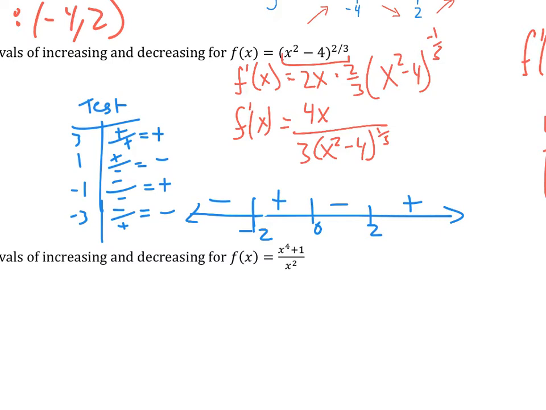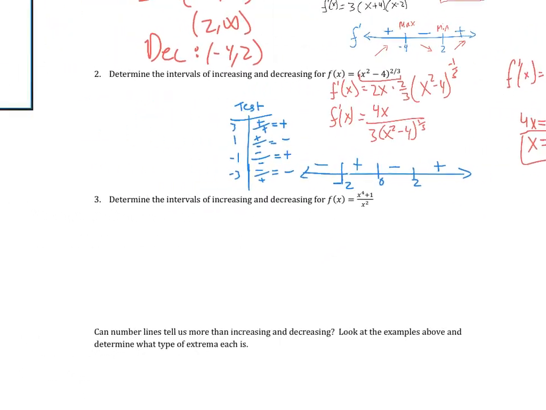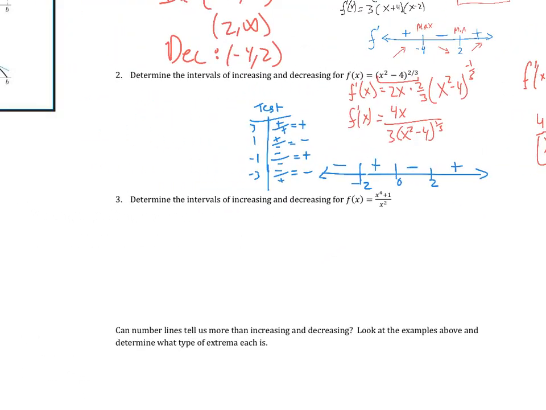Now, we also have some points here of discontinuity, and that's at x equals -2 and x equals +2. Now, the question here was just what is the increasing and decreasing? Okay, so increasing is going to be from -2 to 0.